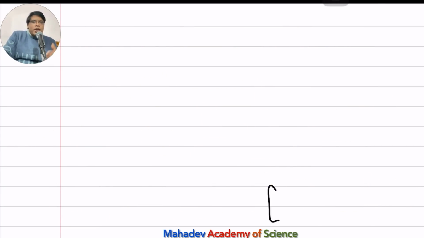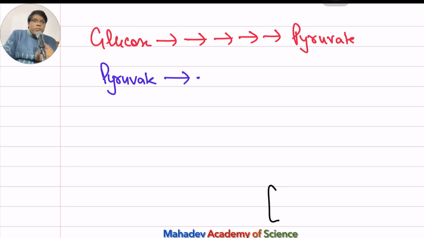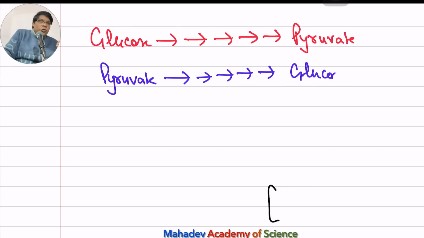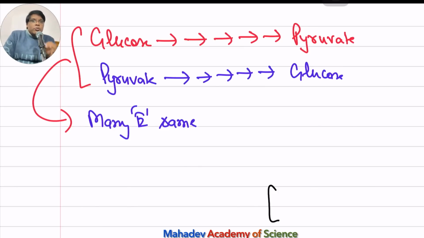Now, if you see the degradation of glucose, glucose will be metabolized to pyruvate. In the same way within the cell, pyruvate can be metabolized back again to glucose. Both of these processes occur within the cell, and many of the enzymes of both are going to be the same.